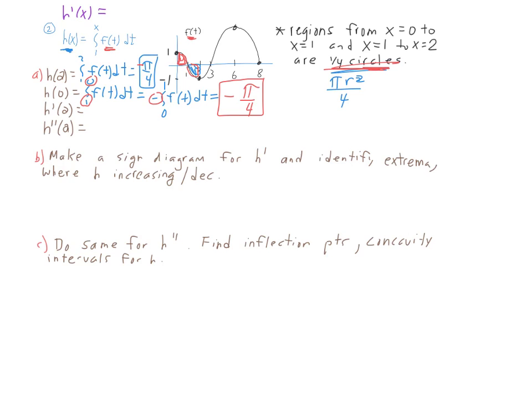If I take the derivative of each side of this h of x equation, the derivative of h is h prime of x, and then the derivative of this definite integral would cancel out with the integral, and we talked about how that upper bound of x would just fall into the function where we see an x, and of course the dt would be gone. So really f of t becomes f of x, and this is the same as h prime of x.